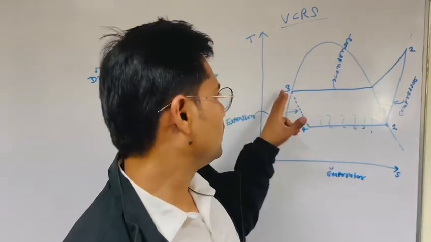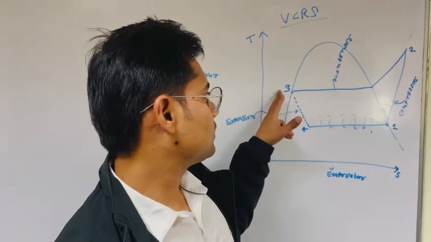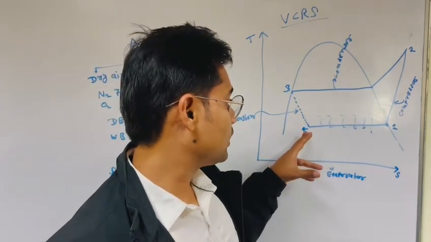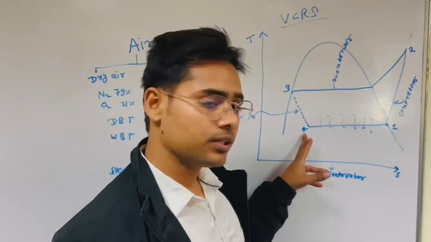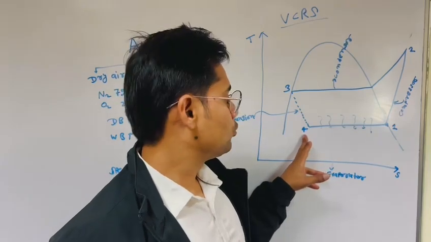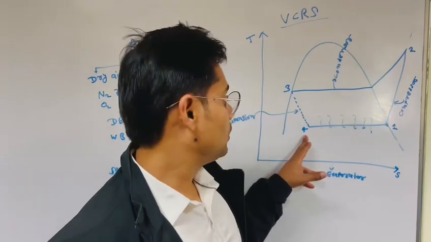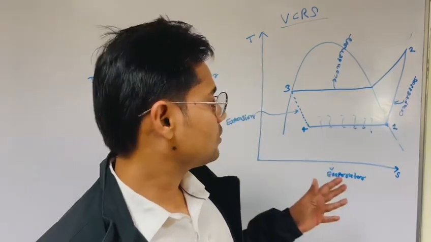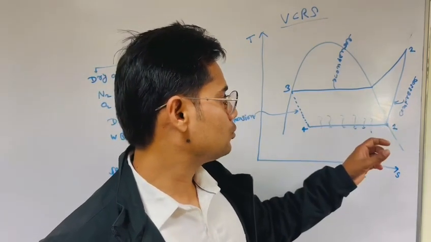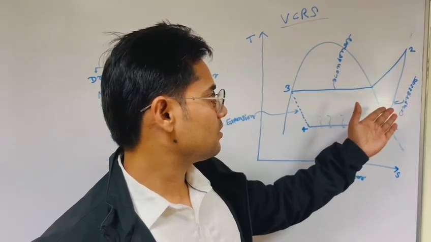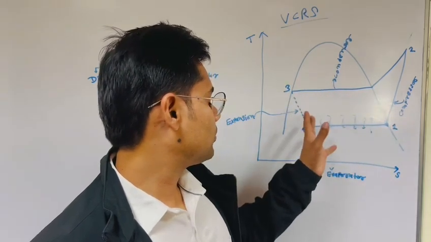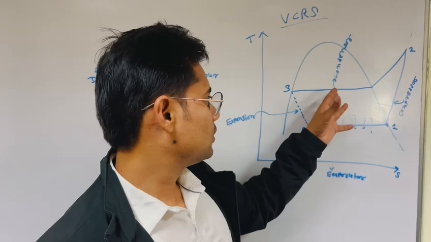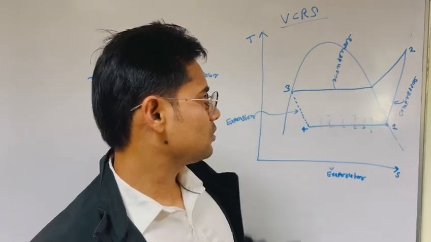If we take an example, if the temperature at point 3 is 30 degrees Celsius, then after expansion the temperature at point 4 is minus 10 degrees. You can say a 40 degree difference. If somebody asks why the compressor is used: it increases the temperature, and then the gas goes to the condenser, which releases it.